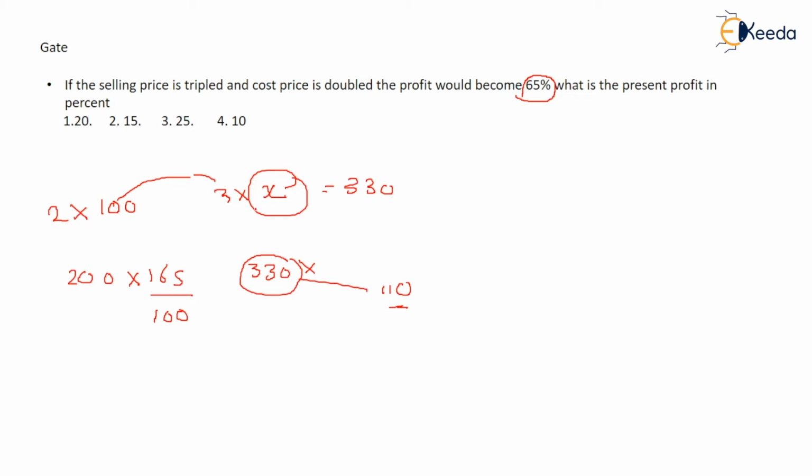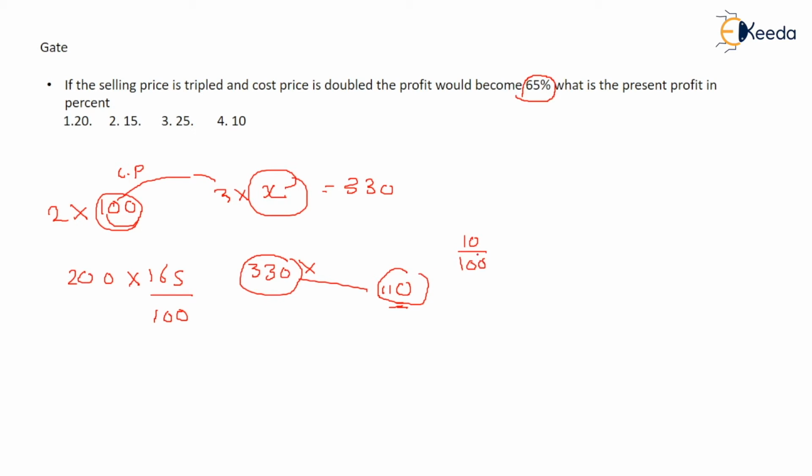So now you can find out the value of the selling price, which was 110. 100 rupees was initially the cost price, and the selling price is 110. So how much is he gaining? 10 rupees. And how much did he invest from his pocket? 100 rupees.